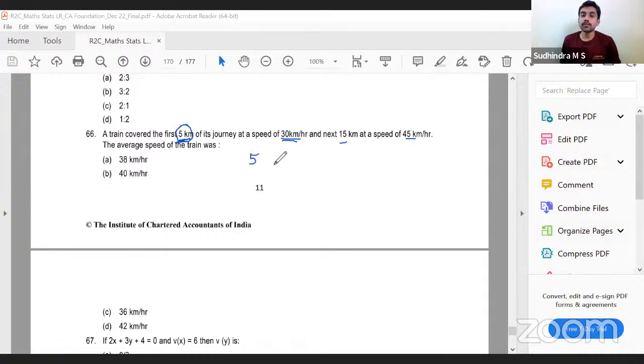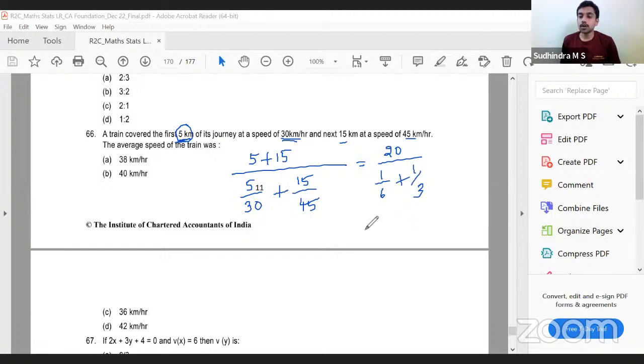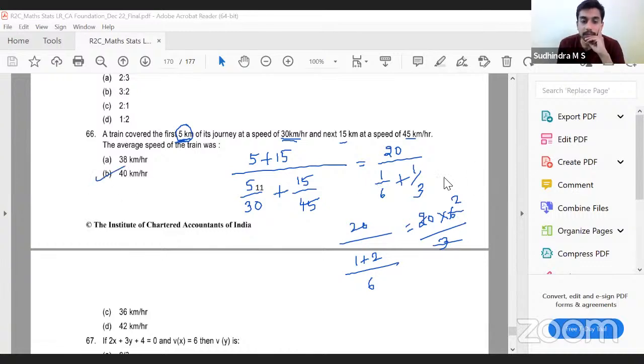So total 5 plus 15, n1 plus n2, divided by 5 divided by 30 plus 15 divided by 45. 5 plus 15 is 20, 5 by 30 is 1/6, 15 by 45 is 1/3. 20 divided by, further simplify, 1/6 plus 2/6 we get 3/6, 20 into 6/3, 2 twos are 4, 40. 40 kilometers per hour.